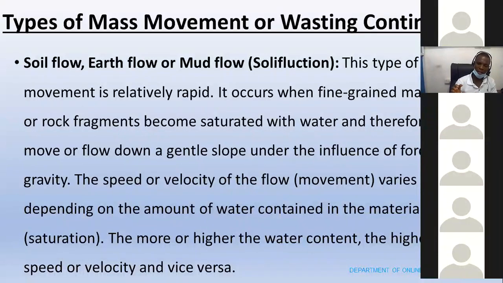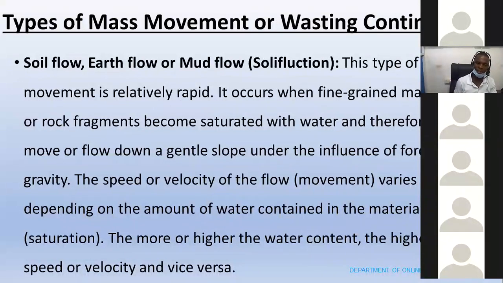So here, this occurs when weathered materials become saturated with water. When water mixes with weathered materials, the water tends to cause these materials to flow downslope. This is what we refer to as the soil flow, the earth flow, or the mud flow.